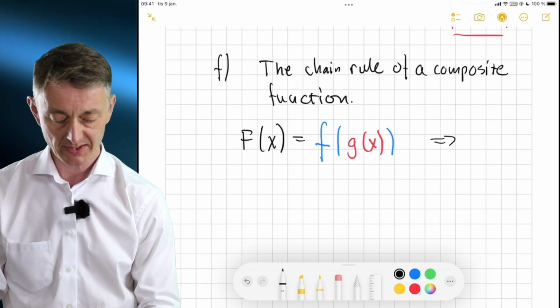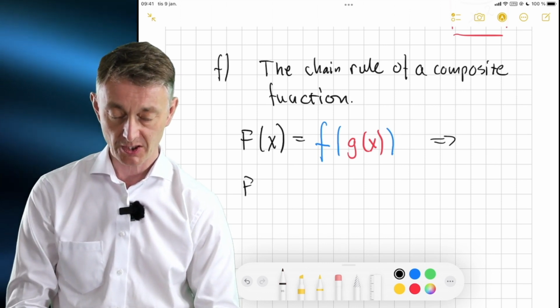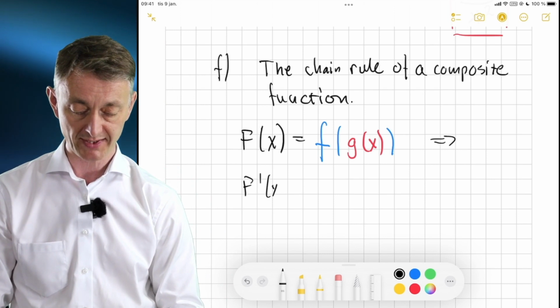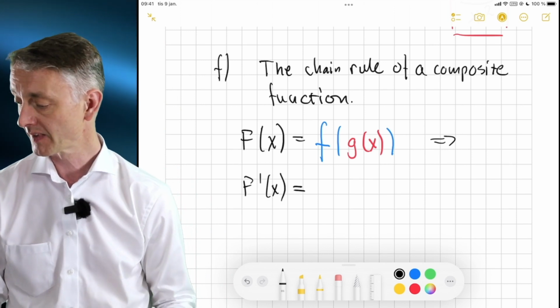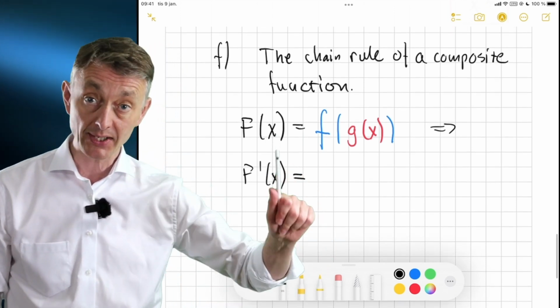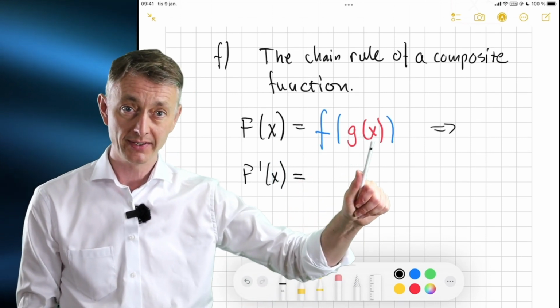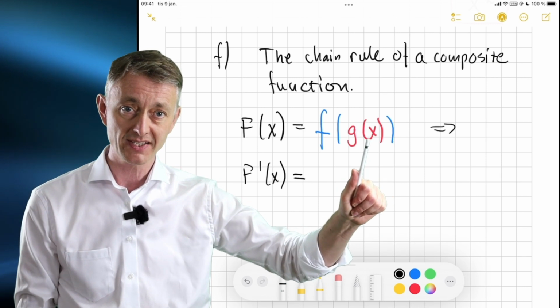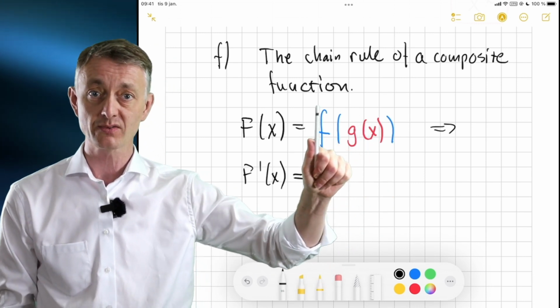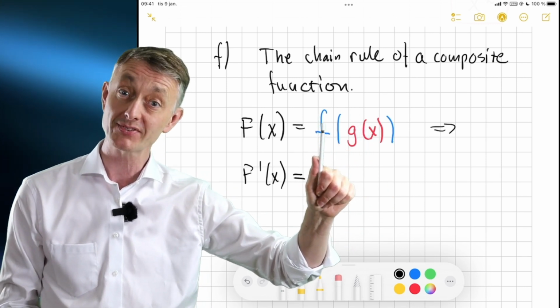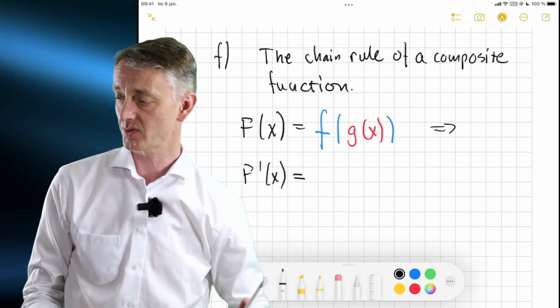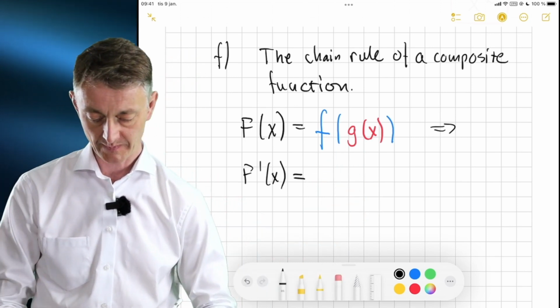So then this implies that the derivative of this composite function with respect to x is the following. It is going to be simply the outer times the inner derivative, because if something happens here and this increases, then that will affect this function. What happens to this when g increases? Well, it's simply the following.